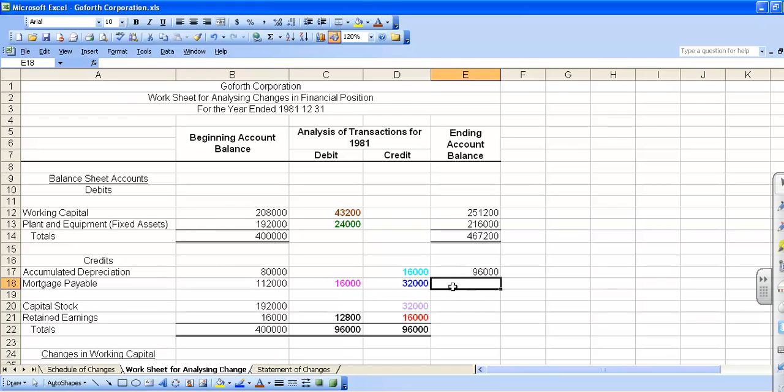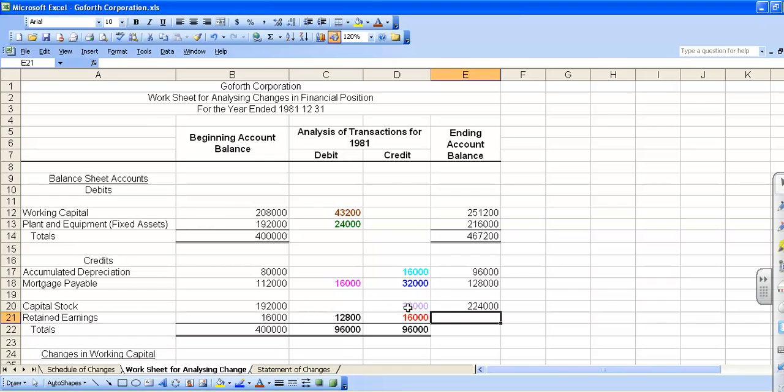I take the credit, I subtract the debit amount, and add the credit amount. One more time: I'm going to add the credit, subtract the debit, and add the credit.